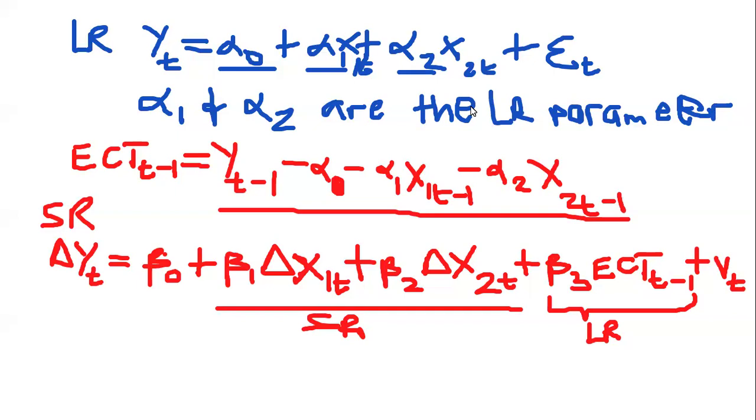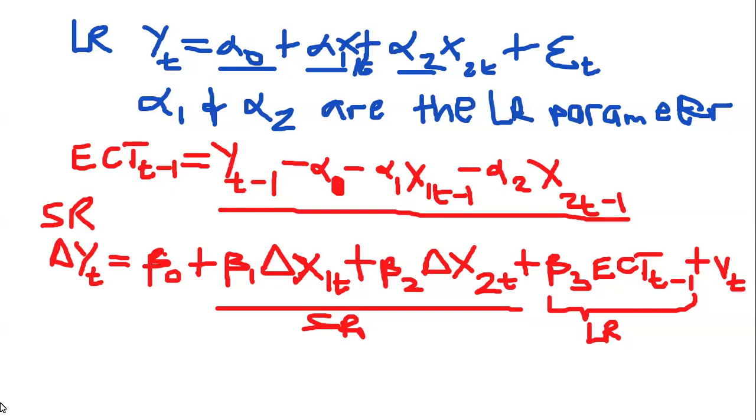And the other property which I mentioned is that the variables included in your long run regression equation, your yt, x1t, and x2t, are supposed to be co-integrated for you to be able to specify and estimate the error correction model.